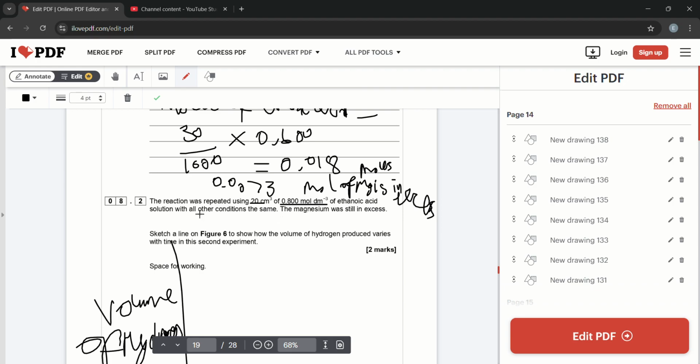So firstly, let's find the moles of CH3COOH. It's going to be 20 divided by 1000, since we want moles per dm cubed, times 0.800. That'll give me 0.016.